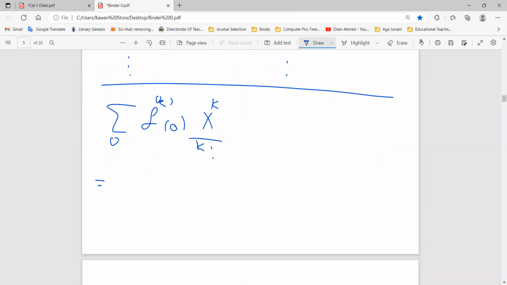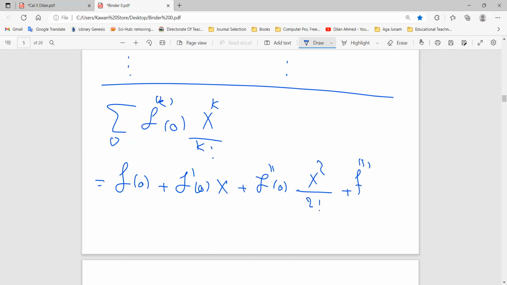So I will get f of 0 itself, plus f prime of 0 times x, plus f double prime of 0 times x squared over 2 factorial, plus f triple prime times x cubed over 3 factorial, and go on.